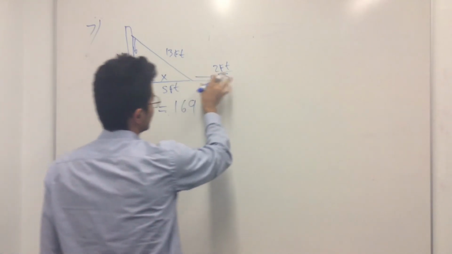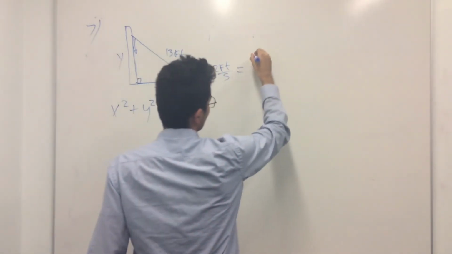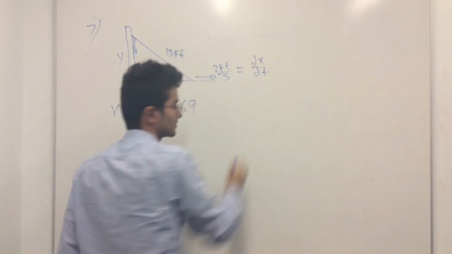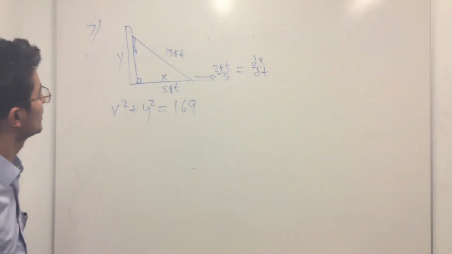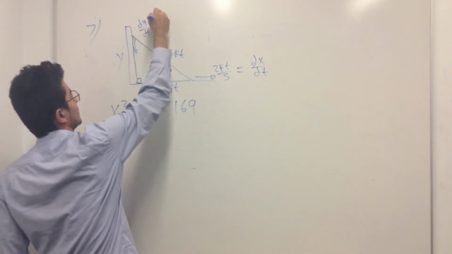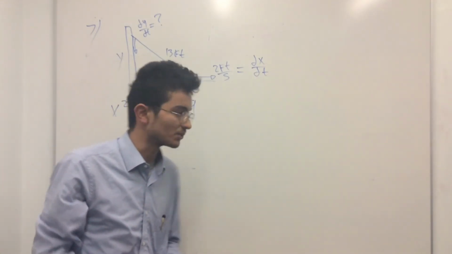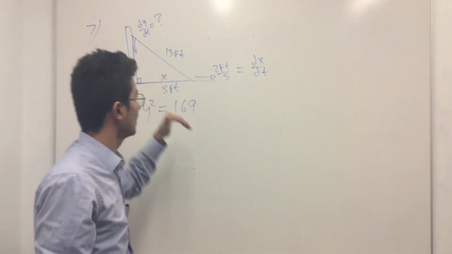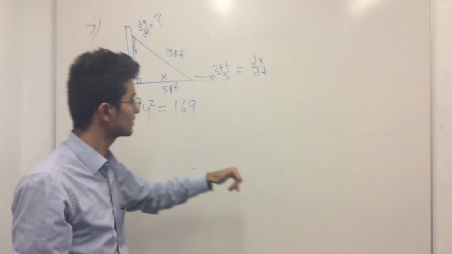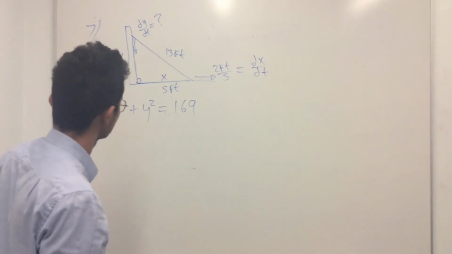Now, because this is the rate in the positive x direction, we can say that this is equal to dx over dt. That's the first time derivative in the x direction. And we want to find, of course, dy over dt. And we can say that it's negative because it's going downwards. So we choose the up and right directions to be positive, and the down and left directions to be negative.